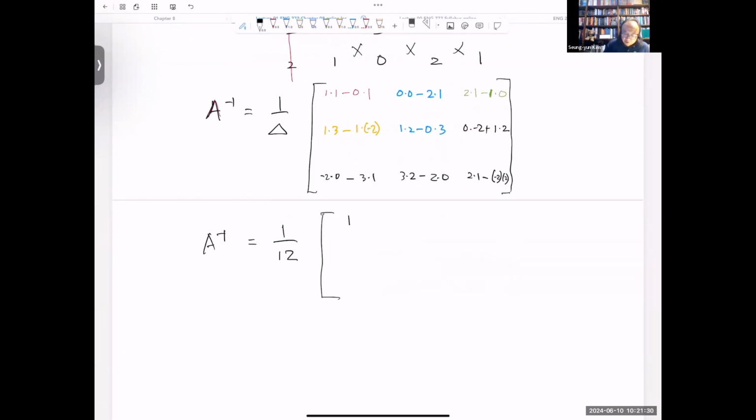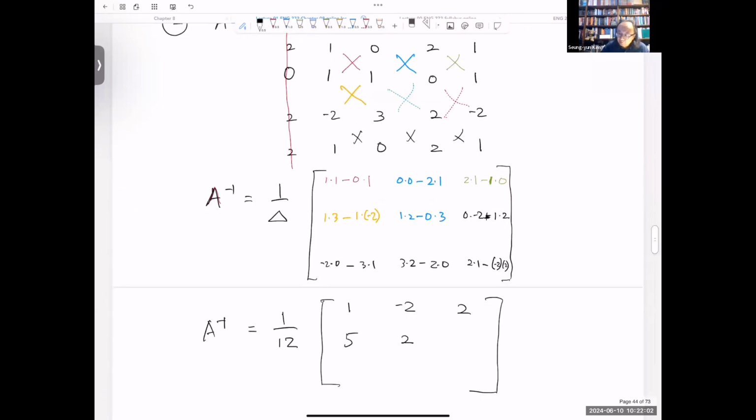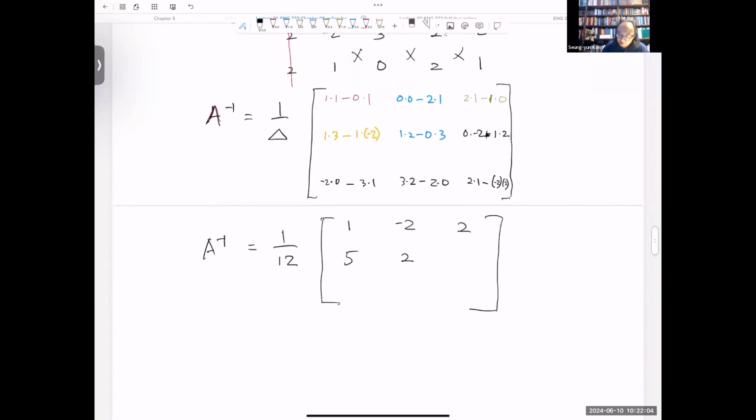So 1 minus 0, 1. 0 minus 2, negative 2. 2 minus 0, 2. 3 minus 2, so it's 5. 2 minus 0, 2. 0 minus 2, so minus 2. 0 minus 3, so minus 3. 6 minus 0, 6. 2 minus negative 4 is positive 6.